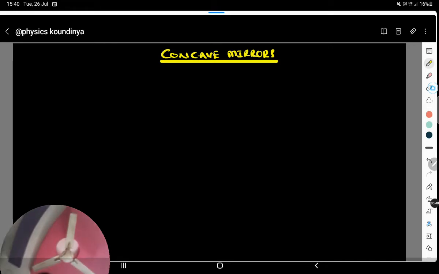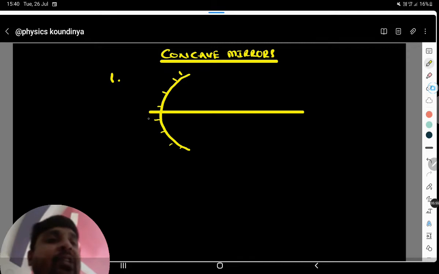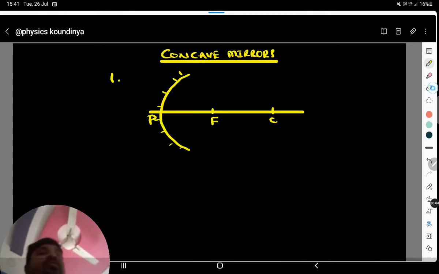For drawing ray diagrams of concave mirrors, we have some rules. This is a concave mirror, and you all know where the pole is located. The pole is located here. This is P, this is F, and this is C. This is pole, focus, and center of curvature. These are the 3 points we have.